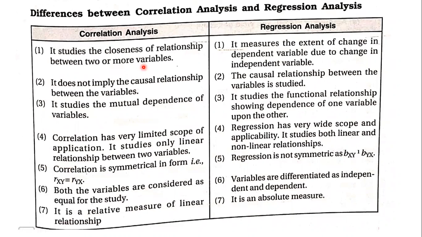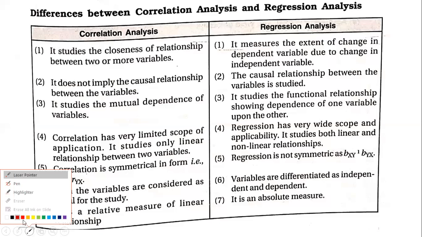So in correlation, we will see how X and Y are related. But in regression, we will see if we change X a little, what is the effect of the change on Y? That is the main difference between correlation and regression.